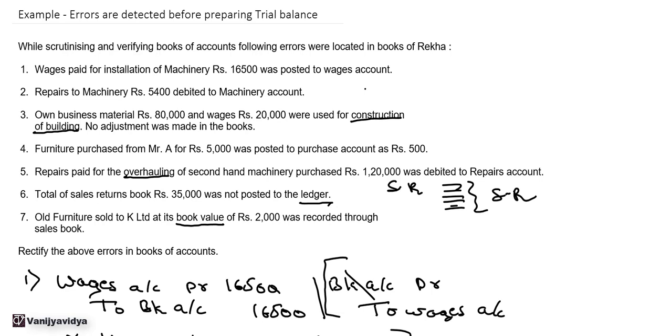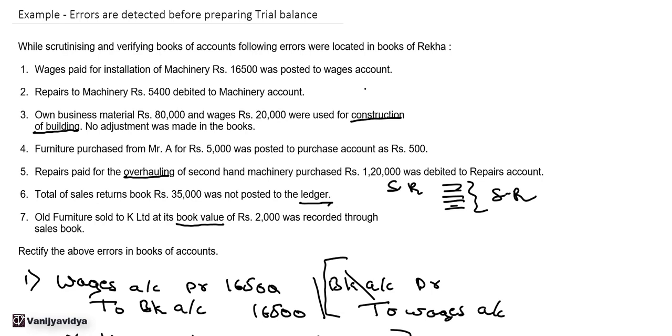Now, if you see here, there have been a lot of errors of principle wherein a particular asset is considered as an expense and a particular expense is considered as an asset. So at the end of the year, when we calculate a depreciation amount, we have to consider these rectified entries for the purpose of depreciation.